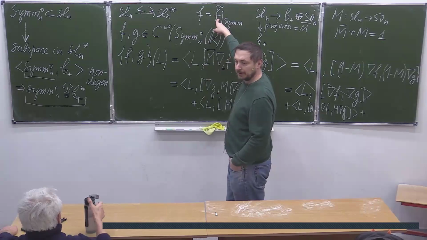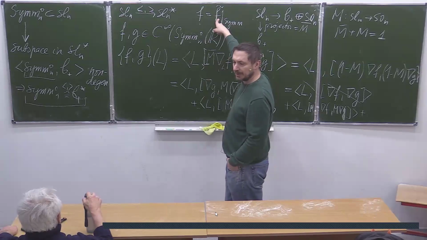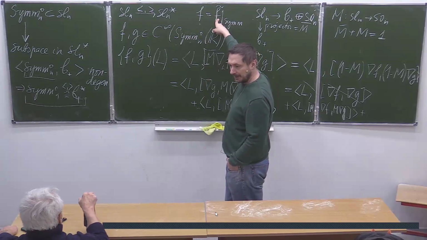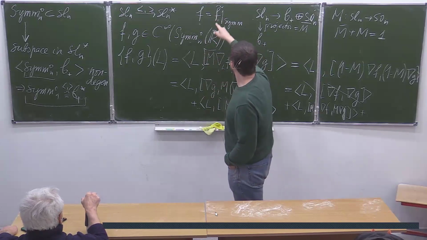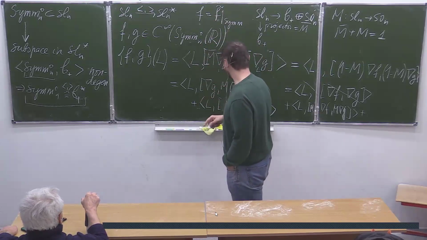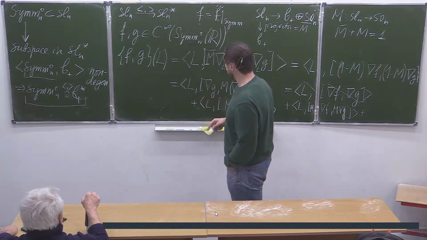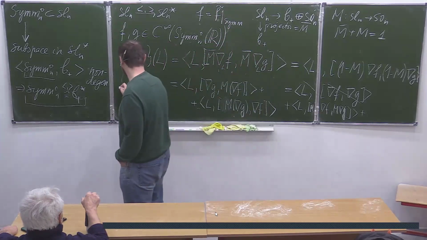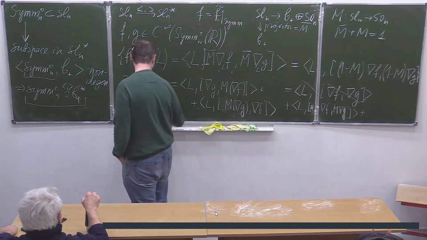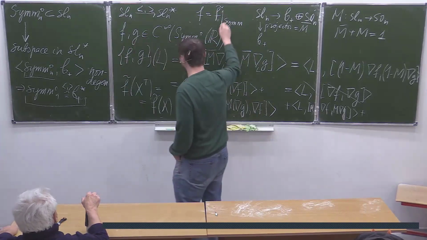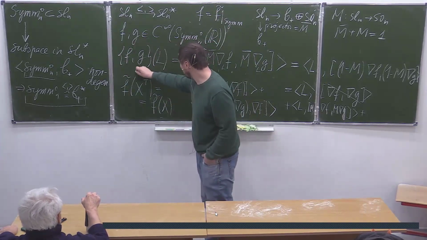They need not be the same, actually. They are the same if and only if this function F tilde is invariant with respect to transposition. F tilde of X transposed should be equal to F tilde of X. In that case, you have the same, but in general, they're different.